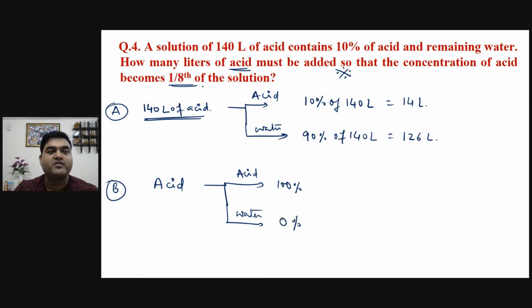So these two we are adding, and what we have to get is the concentration of the mixture. What they are telling is the mixture should have a concentration of 1/8. The concentration of acid should become 1/8 of the solution, right? So how much acid should be there in the mixture? 1/8 of the solution, which was this solution.